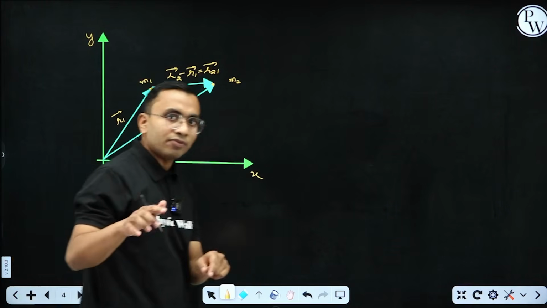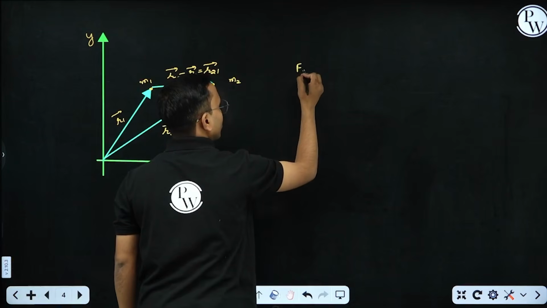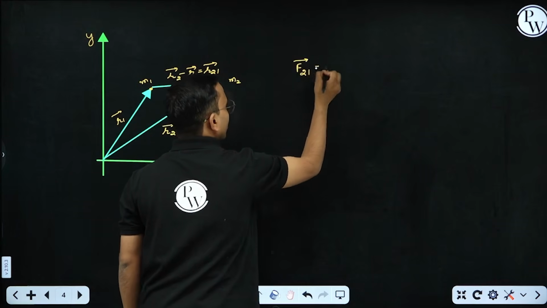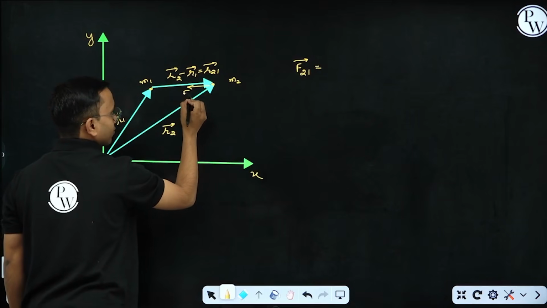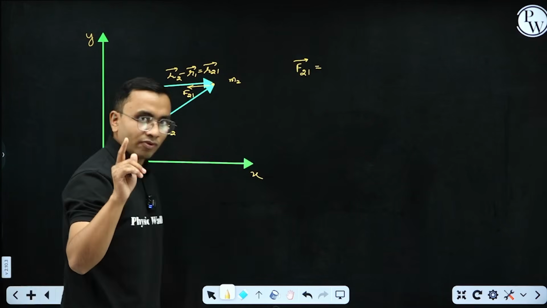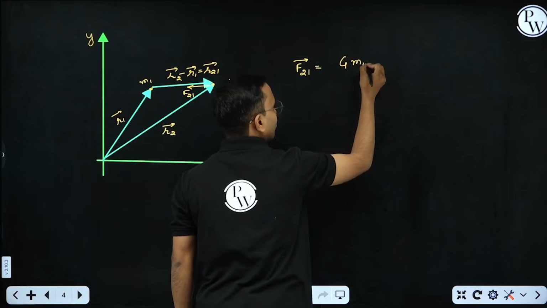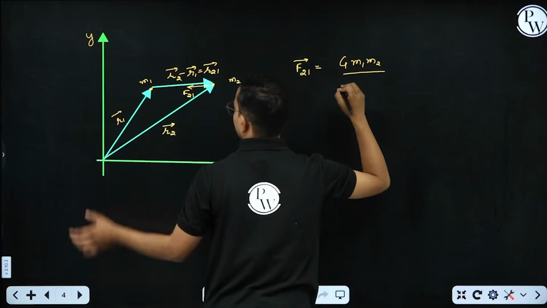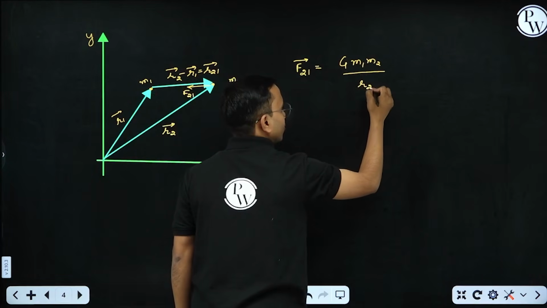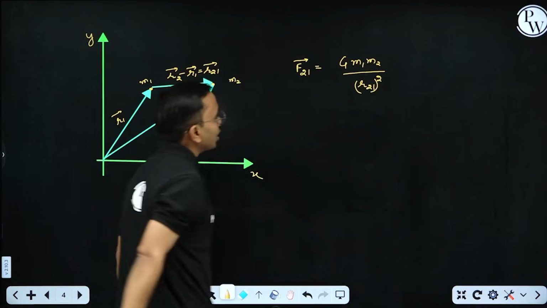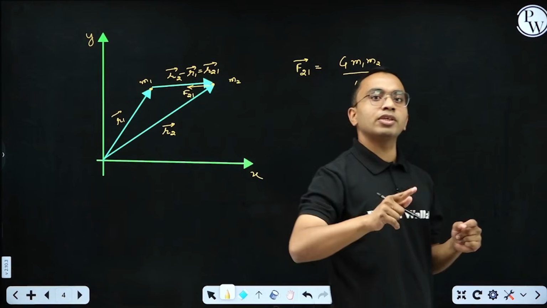Now, I am writing that force in vector terms. Force on 2 due to 1, we know, is in this direction. This is my F21. First of all, let us put the magnitude: G M1 M2 divided by the distance squared. What is the distance? The magnitude of R21, so R21 squared. Now I need to give the direction, by multiplying with a unit vector.